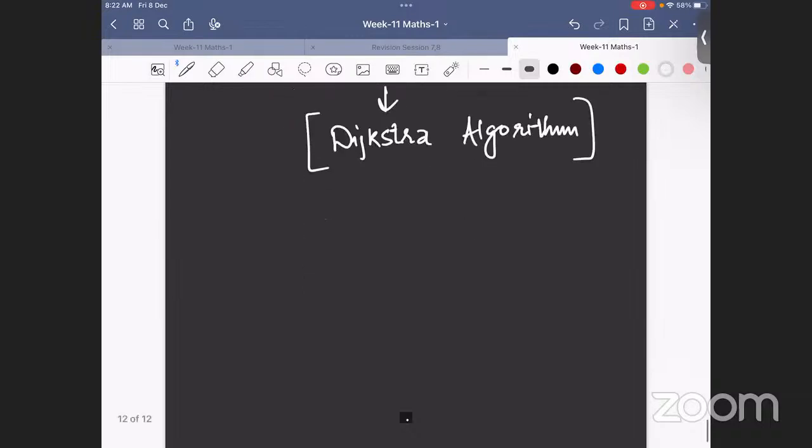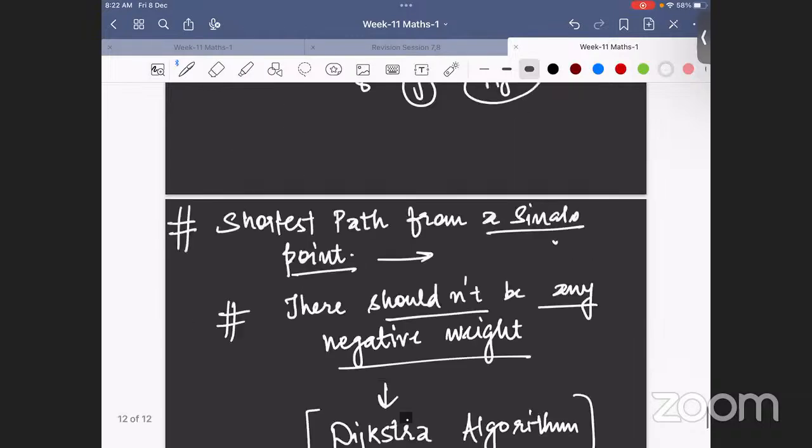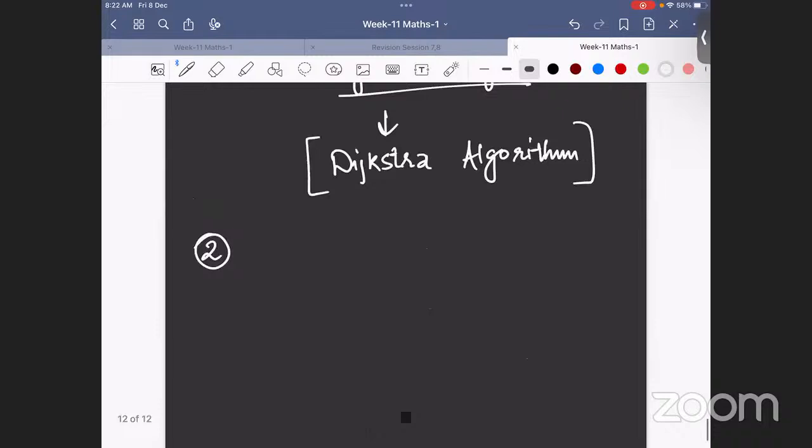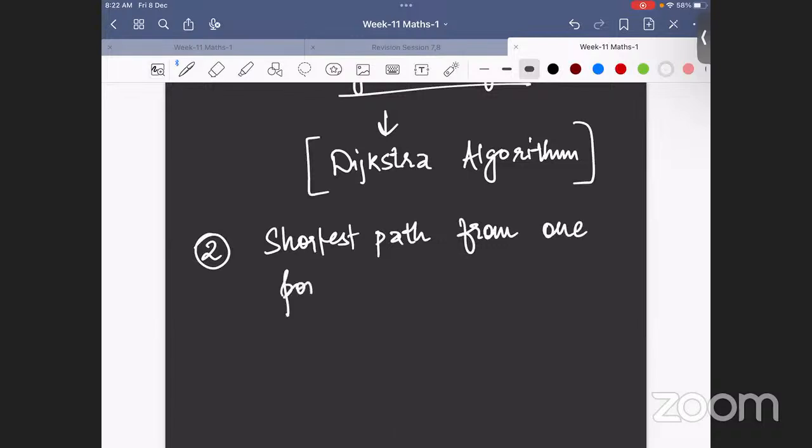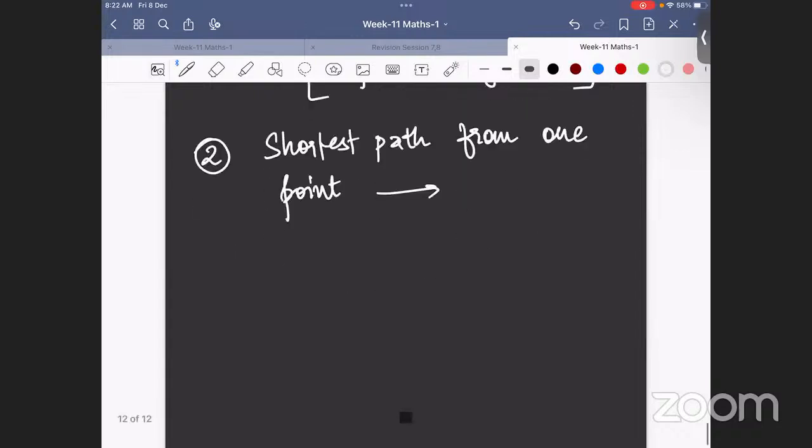Okay, the second thing is when you have to calculate the shortest path from one fixed point, right?